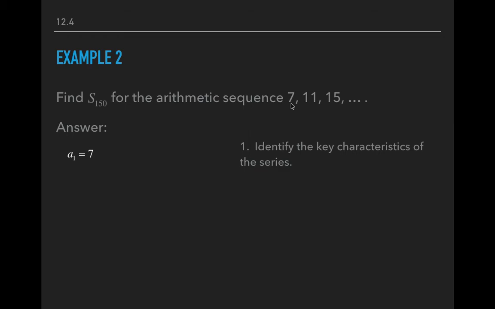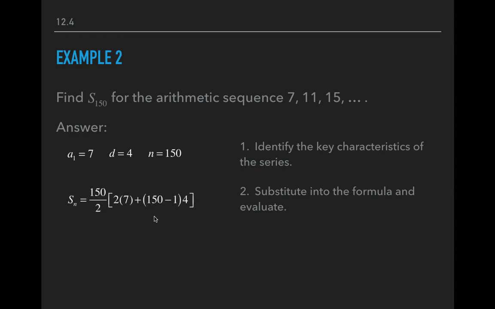My common difference is 4, adding 4, adding 4. And the nth position, what I'm going up to, is 150. I am now going to substitute these into the formula that we are given. And I'm using that second formula from above because I don't know what my 150th term is.